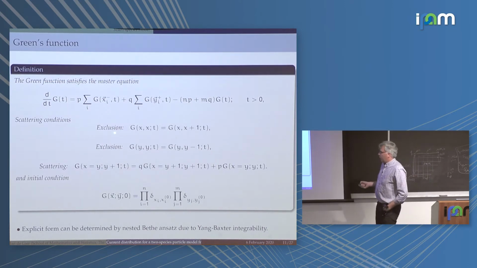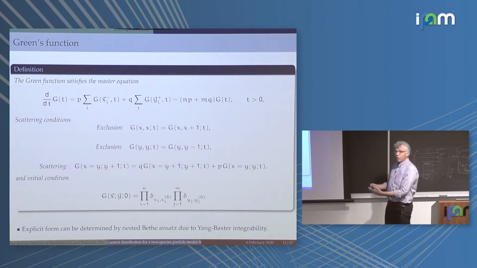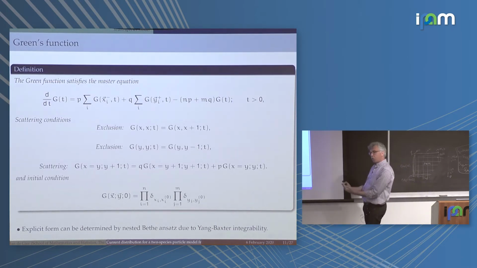And then this equation is valid where all the particles are sort of isolated from each other, so they don't interact. If they interact, we have an exclusion because 2 particles cannot occupy the same site.